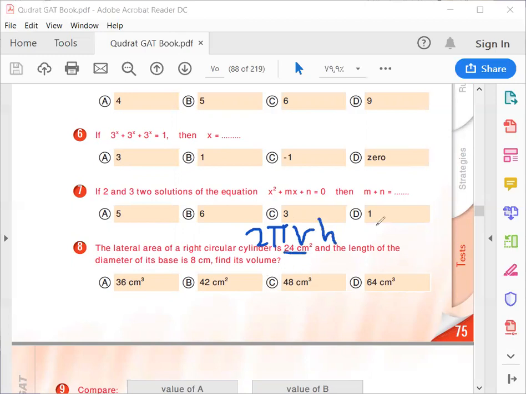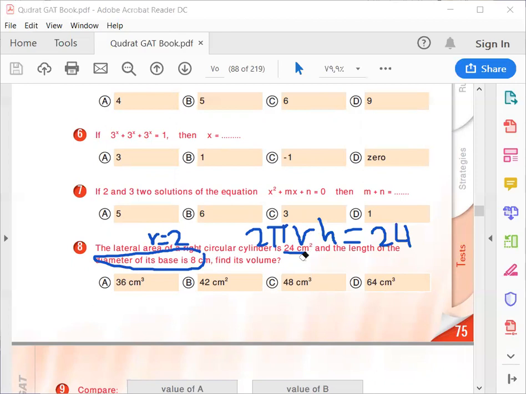Because we have 24 centimeters, you put it equal to 24. Then you can find H, because R is given. What is R? The radius. He said the diameter is 8. I need R, so R equals 4, right? Then you put R here.